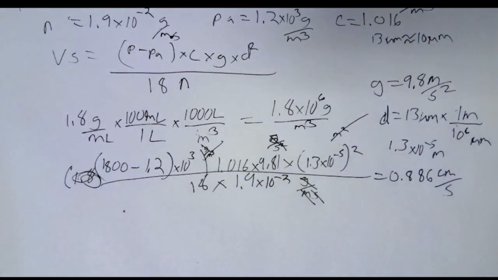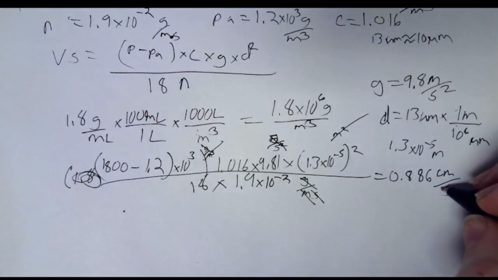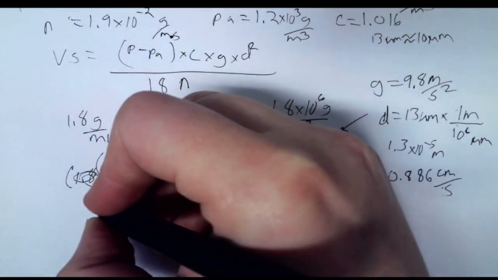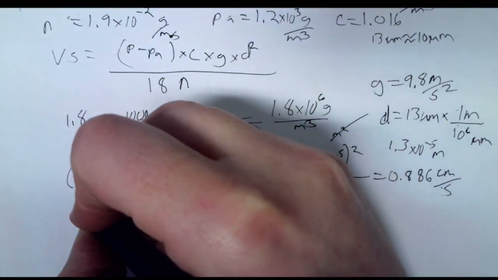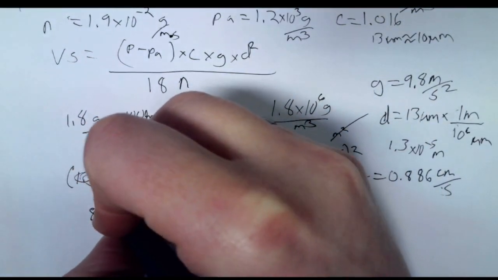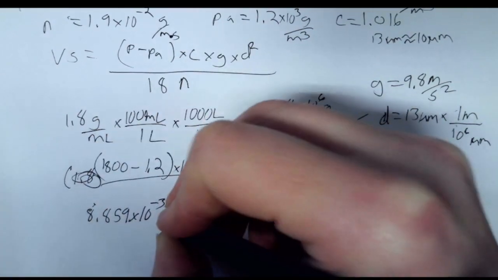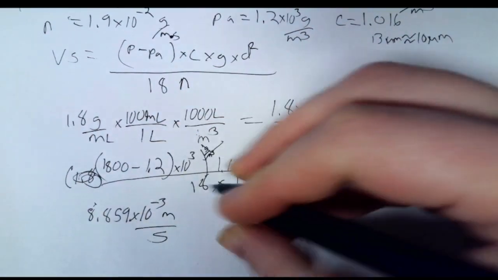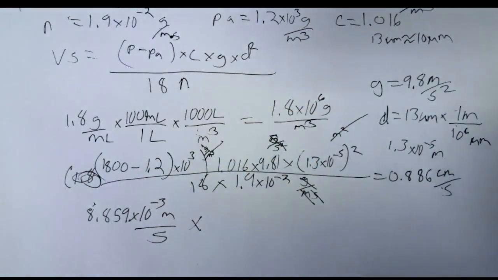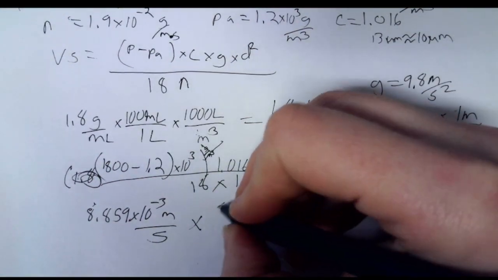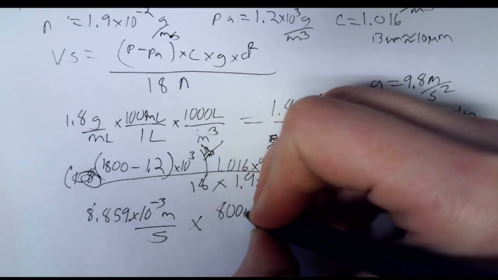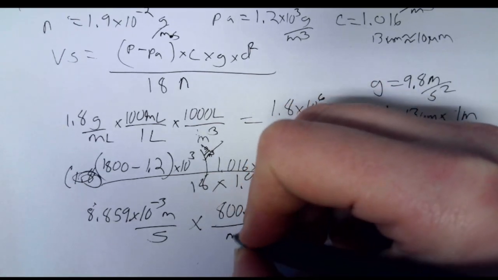So let's turn this back into meters per second: 8.859 times 10 to the negative third meters per second, multiplied by my concentration, which was 800 micrograms per meter cubed.